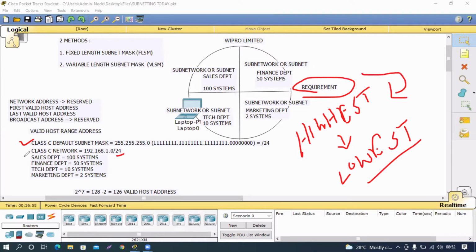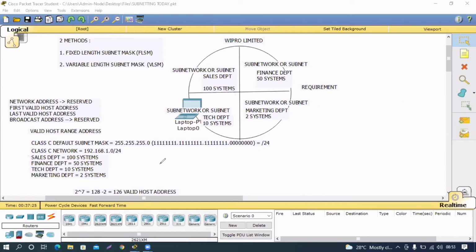As you can see, I have arranged it in this order: first 100, then 50, then 10, then 2. You don't start from the marketing department and go all the way up, because this way you cannot perform subnetting. To perform subnetting, you have to start from the highest and go to the lowest. You have to sort it out in the proper order.